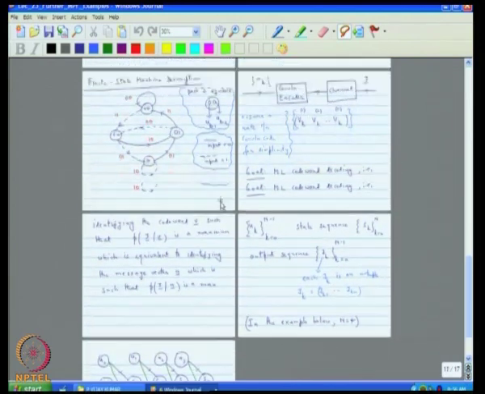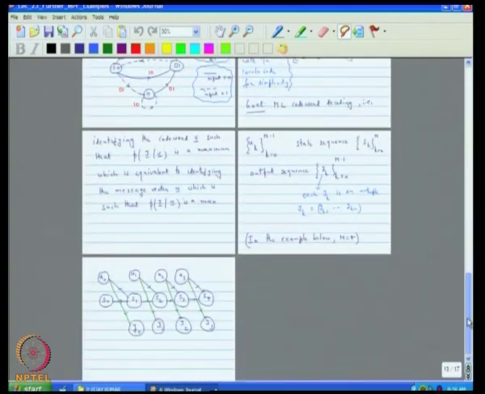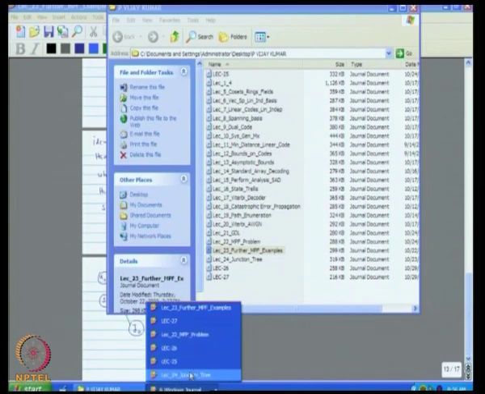And we did actually introduce convolutional codes in the context of the MPF problem in lectures 23 and also 24.